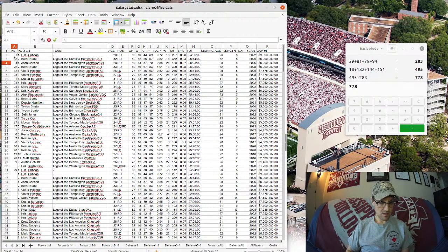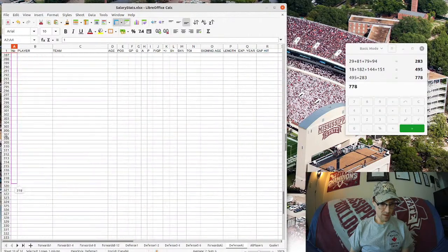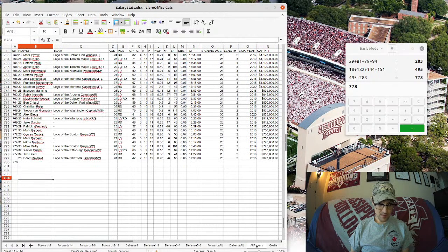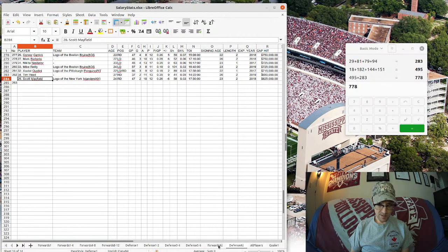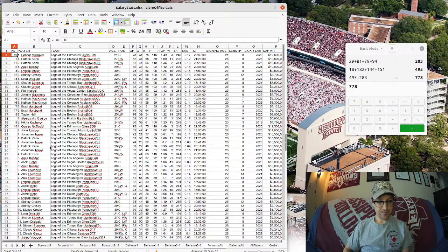One, two, three. Good, so that's all players, all defense, and then we have forwards to do. 1, 2, 3.